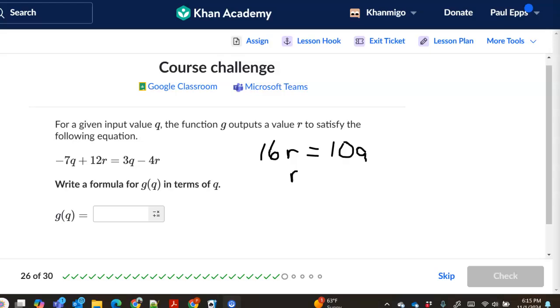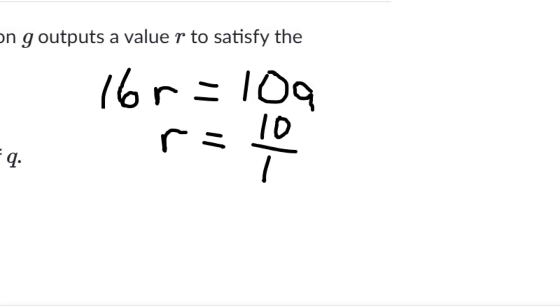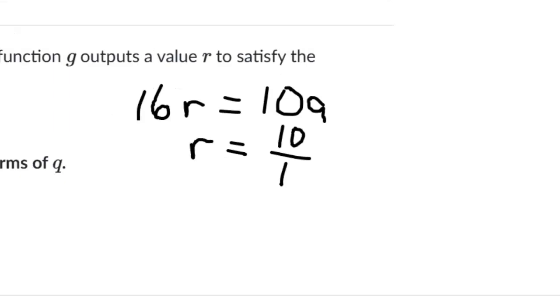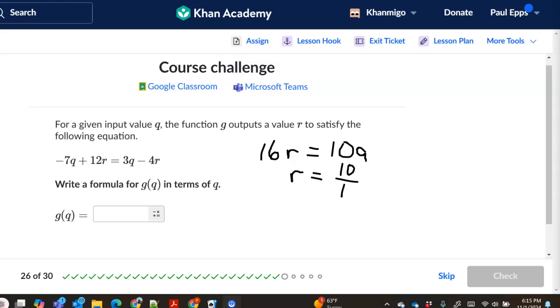All right, divide by 16 equals 10/16 q, which would be 5/8. So if it's going to output r, then g of q is going to need to equal 5/8 q. Okay.